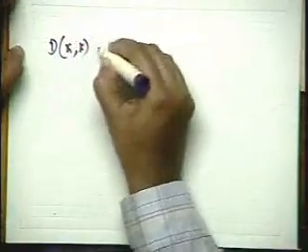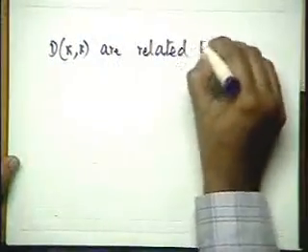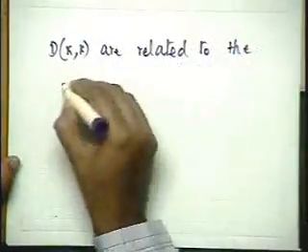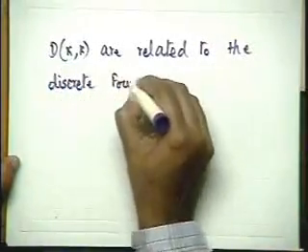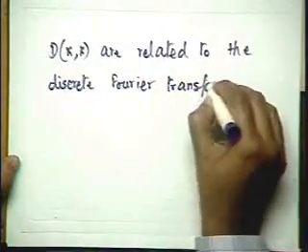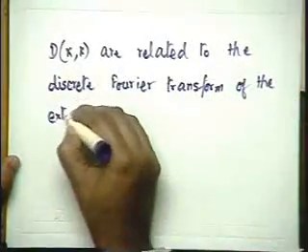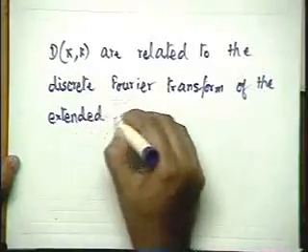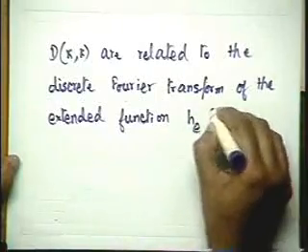So I can say that the D K, Ks are related to the discrete Fourier transform of the extended function HE of X, Y.